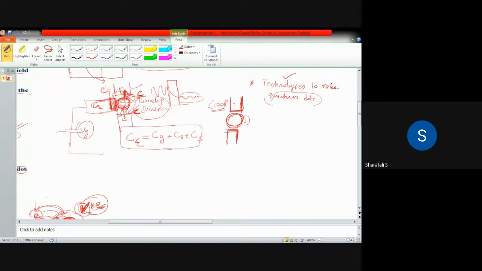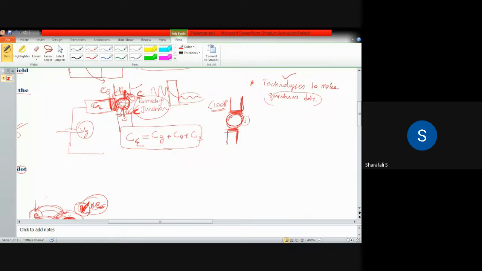So then you have to arrange that with a very small gap, with a very small insulating layer in between here also. So you have to arrange this quantum dot and the source and drain like this, and their position is also very important. They have to be in line. So all these things you have to take care of when you consider making this kind of transistor in more number.